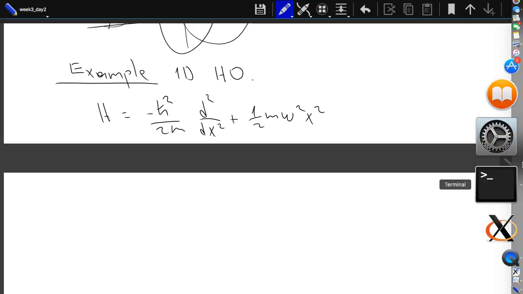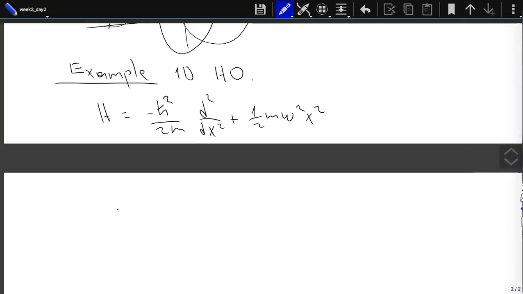It should have some parameters in it which we can change to get the minimum of the expectation value of the Hamiltonian. It should go to 0 as x goes to plus or minus infinity. Some Gaussian.